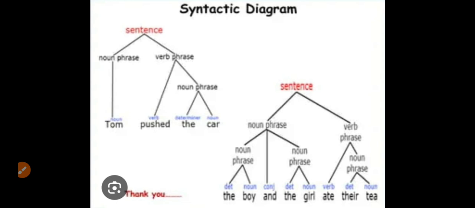Just listen carefully: in every phrase, meaning a group of words, when there is a noun, that group of words is known as a noun phrase. When a verb is found, it will be known as a verb phrase. When an adjective is found, it will be known as an adjectival phrase. When an adverb is found, an adverbial phrase. And when a preposition is found, that will be a prepositional phrase.